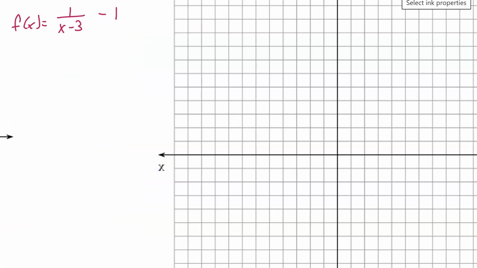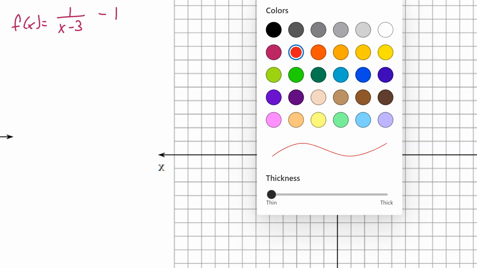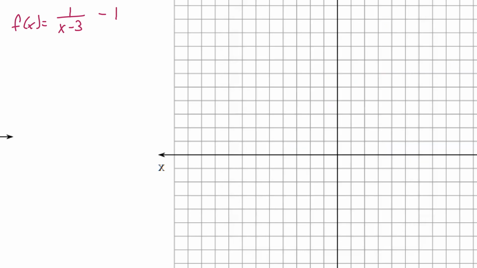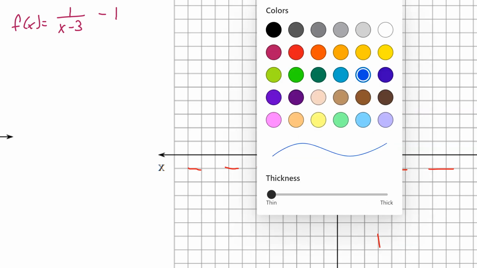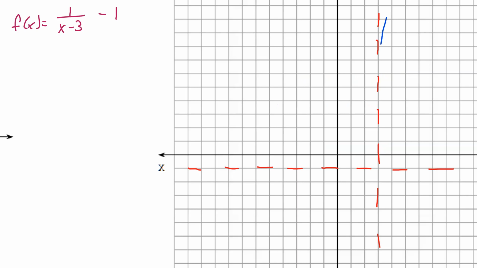So now what's going to happen is my vertical asymptote, instead of being at 0, will now be over here at 3, because I am shifting it right 3, and my horizontal asymptote will be at negative 1 because I shifted down 1. I have not flipped anything.